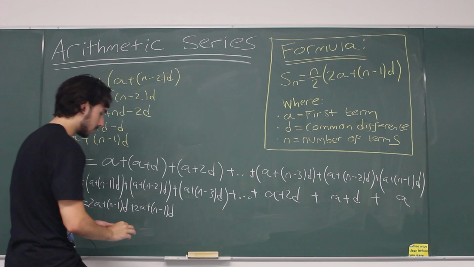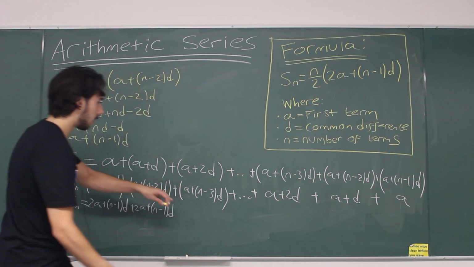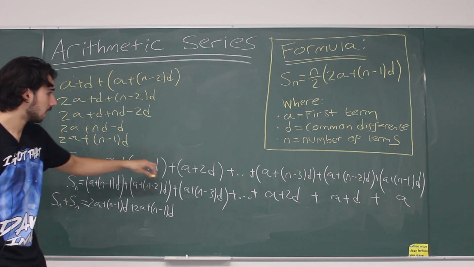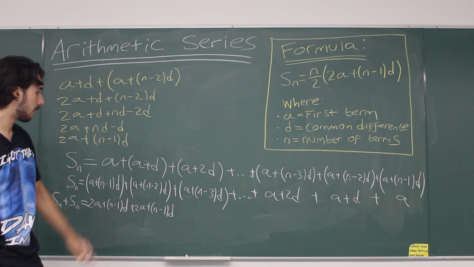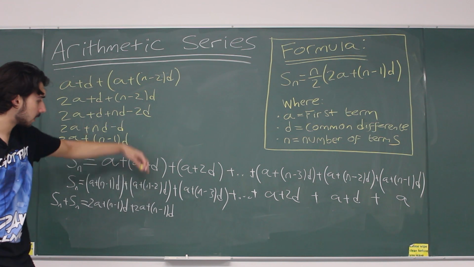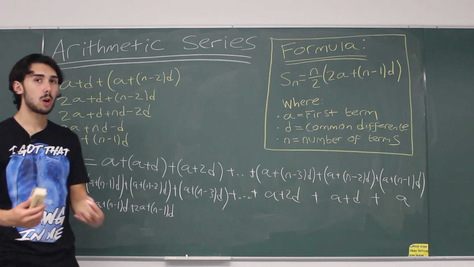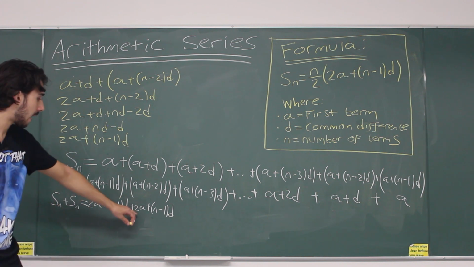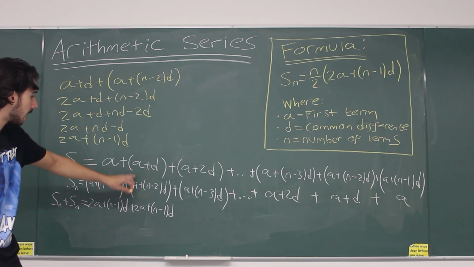And for the sake of time, I'm not going to do the third one, but hopefully you can see what's happening: the number of d's in the top line is going up by 1 every time, and in the bottom line is going down by 1 every time. So the total number of d's is always n minus 1, and the number of a's is always 2, because you're always adding an a with an a.